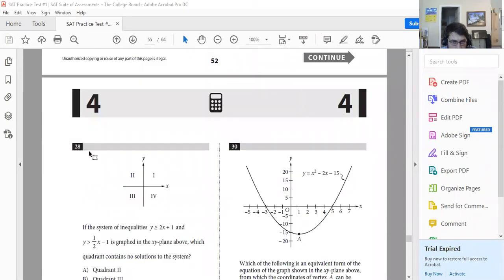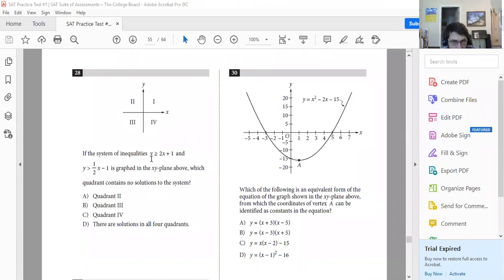Number 28, moving along. If the system of inequalities is graphed in the xy plane above, which quadrant contains no solution to the system? It's an and, so that means it has to be both of the equations. So in one equation we have y is greater than or equal to 2x plus 1. 2x plus 1 will be here, have a positive slope, and it will be shaded above.